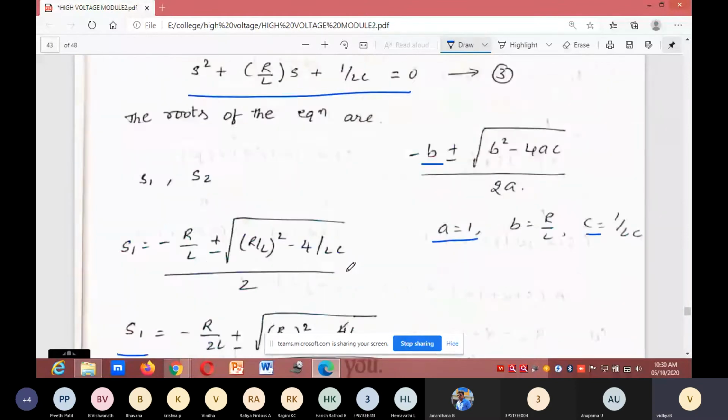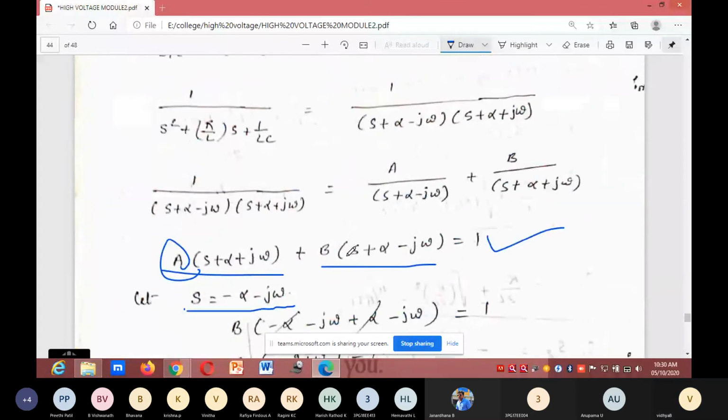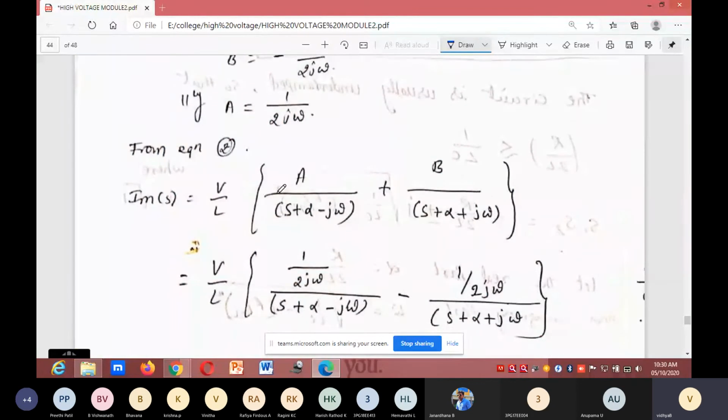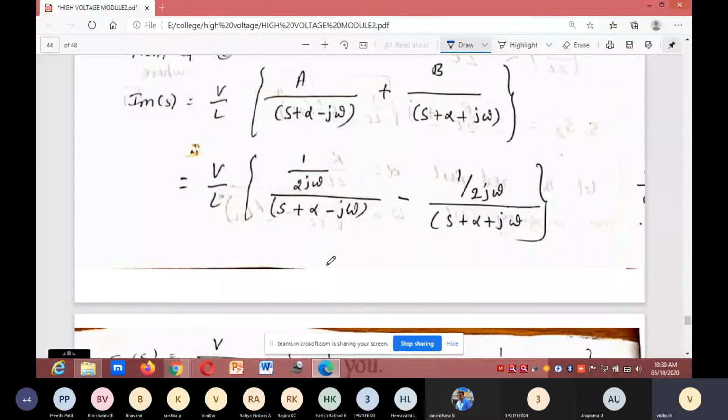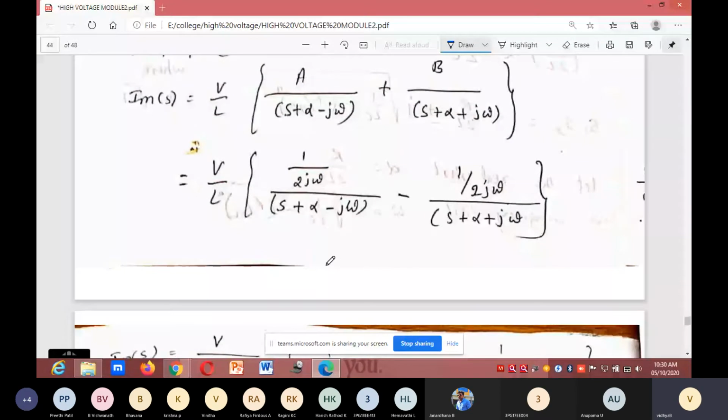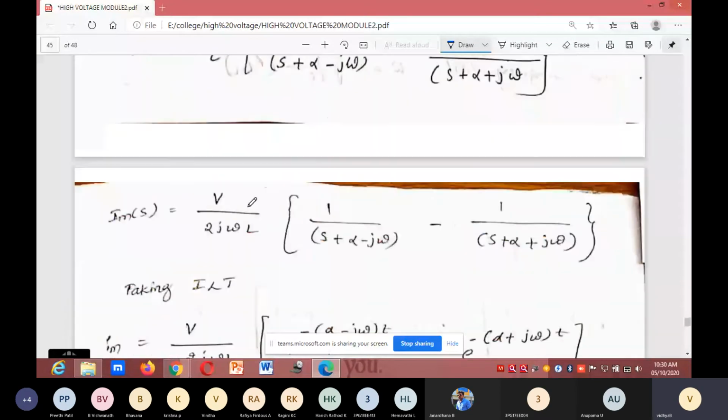After finding the A and B values, substitute: A is 1 divided by 2 j omega, and B is minus 1 divided by 2 j omega. After substituting, you take out common 2 j omega, so that Im of s is equal to V divided by 2 j omega L, open bracket, 1 divided by (s plus alpha minus j omega) minus 1 divided by (s plus alpha plus j omega).